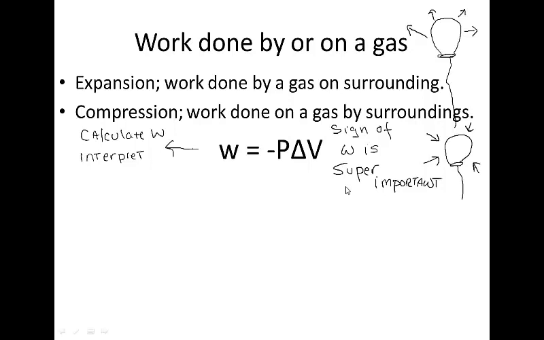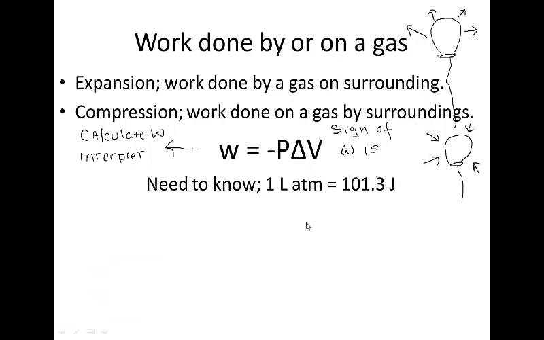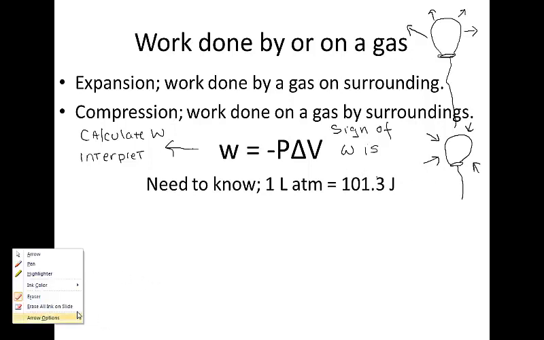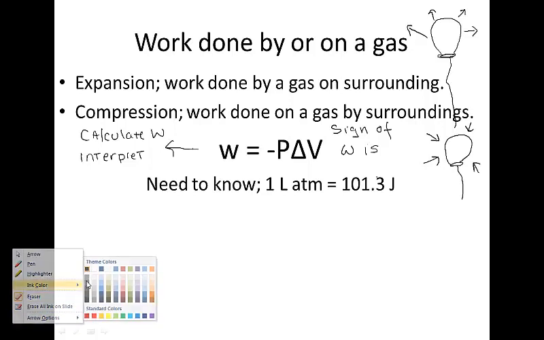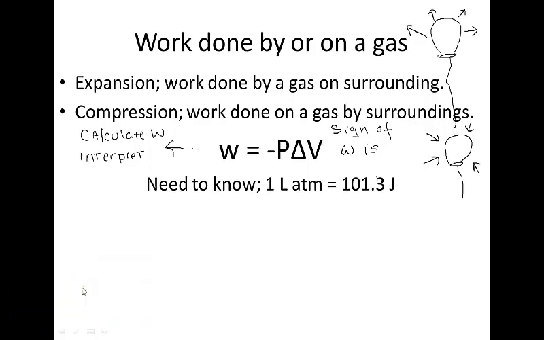Well, that's a strange unit for energy, and work is energy. So you need to know the conversion factor on how to change from liter atmospheres to joules. The conversion factor is 1 liter atmosphere is 101.3 joules. Put that in your head.